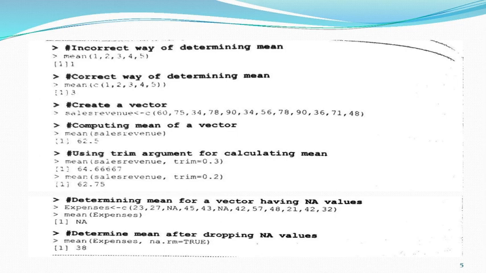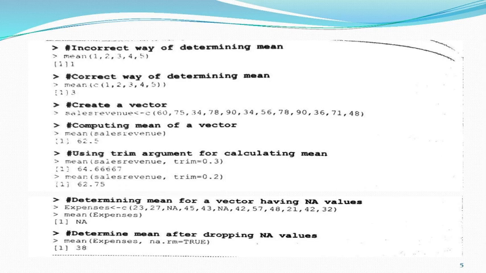Similarly, when trim equal to 0.2, 2 values from each end are dropped from the observations to find mean, and the command which calculates the mean of only 8 values yields the same result, 62.75.